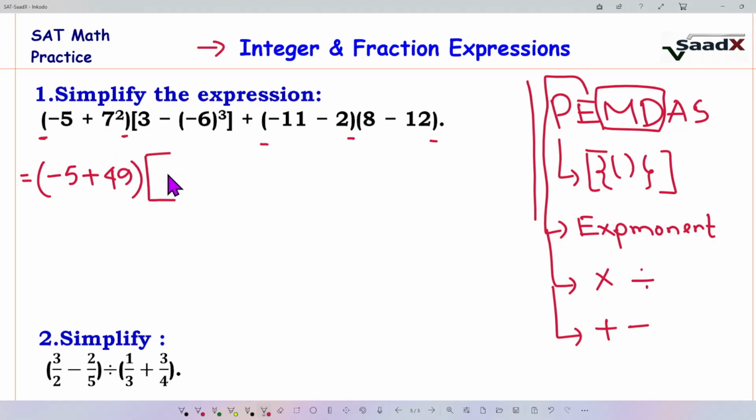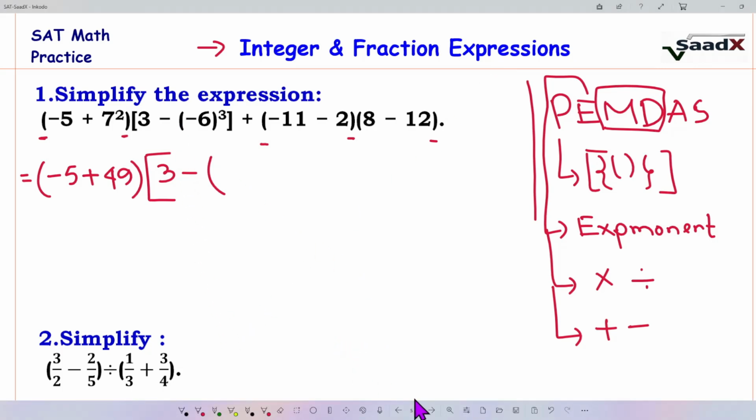Third bracket: 3 minus, and then minus 6 cube. What is 6 cube? 6 cube will be 216, and here is a minus sign.